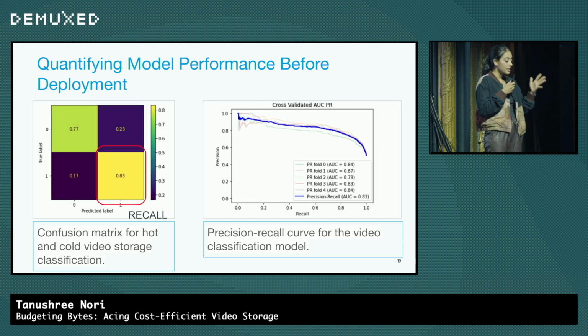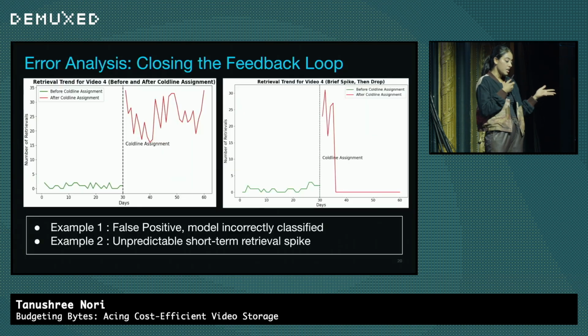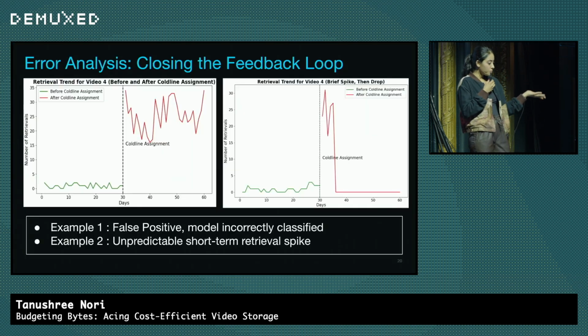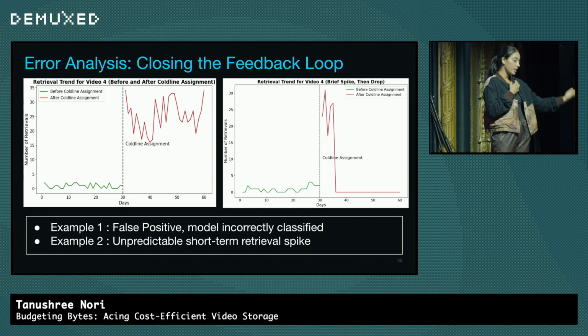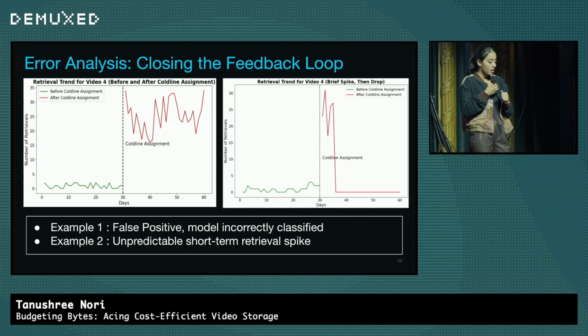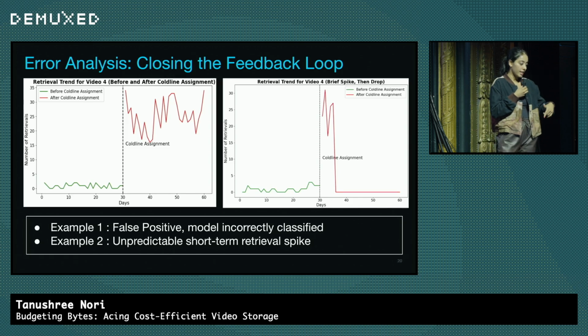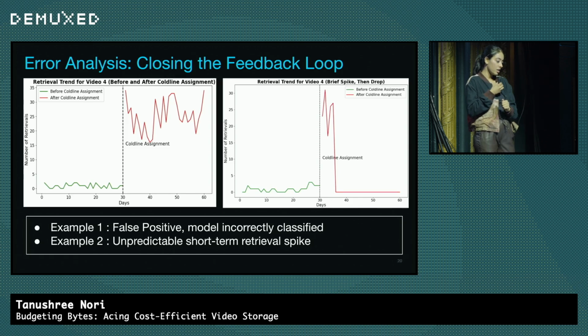But of course, mistakes can happen. So what if we get the classification wrong? What if a video that's sent to cold line ends up being accessed more frequently than anticipated? That's where error analysis comes in. There are 2 possibilities. You have the one on the left, where you see a sustained increase in popularity, and the one on the right, where you see a sudden virality spike, and then it damps down.